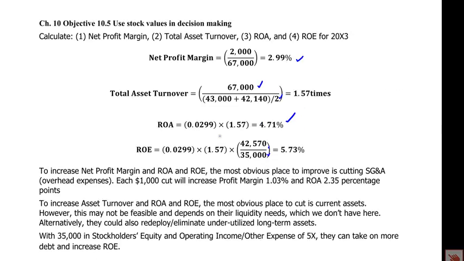And the problem told us what average common stockholders' equity was. So if you take 42,570 and divide it by 35,000, which I'm doing right now, and once again I encourage you to do calculations as you watch these videos, it is 1.21, or excuse me, 22.